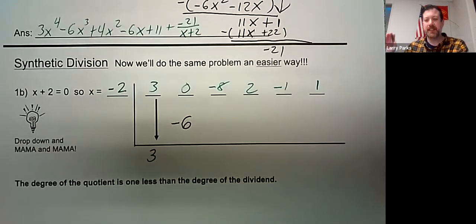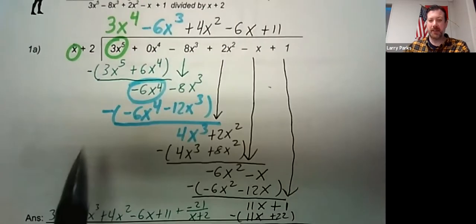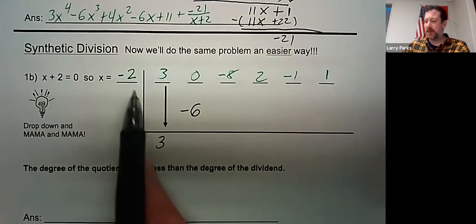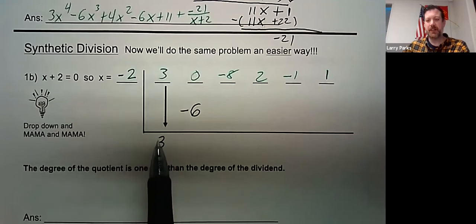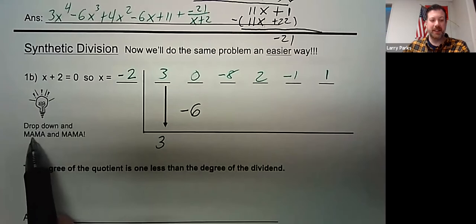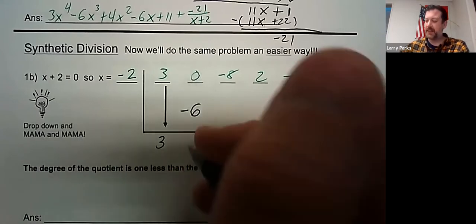And this is where kids get so confused because you're going to add up here. Up here you subtract. That's very confusing. And the reason why we're going to add is because we changed the sign of the divisor. So you bring down the first term. -2 times 3 is -6. That's the multiply. Now we're going to add 0 plus -6 is -6. That goes here.